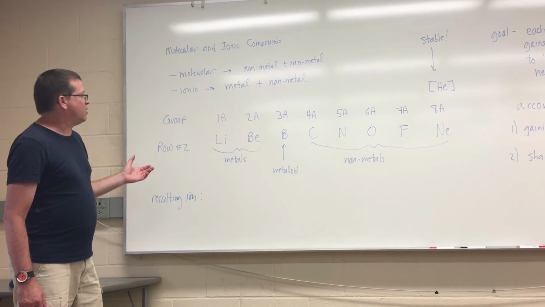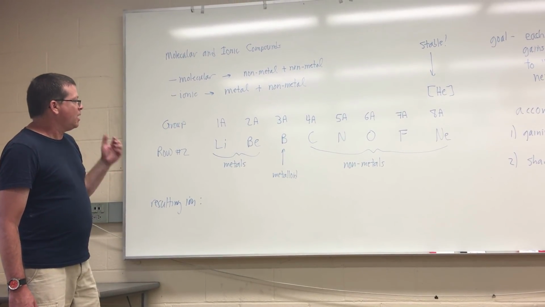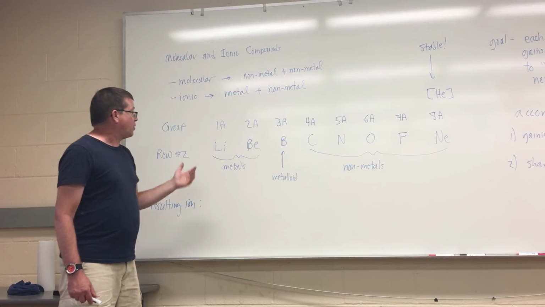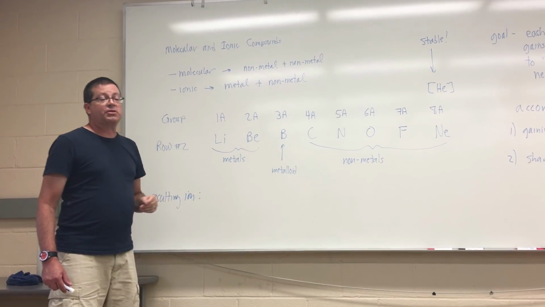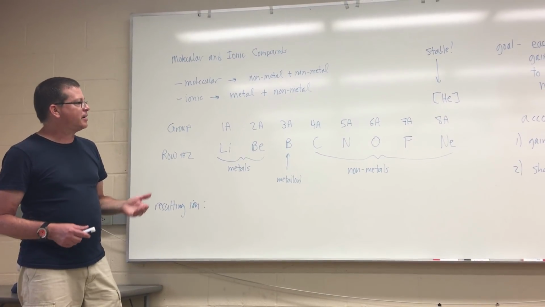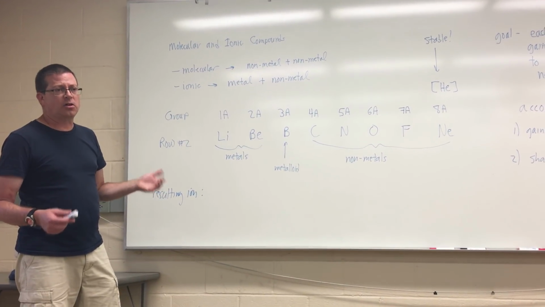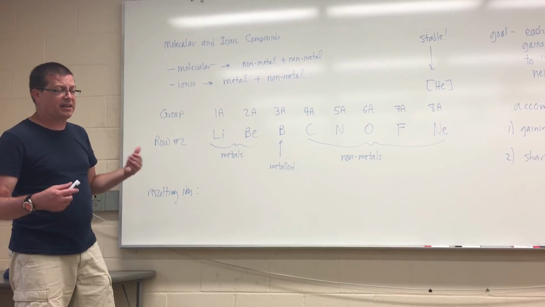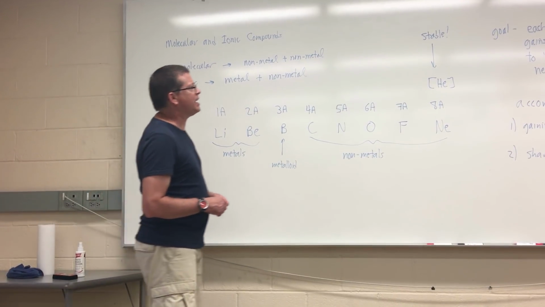All right, so here's the situation. What I would like is for each one of these things, in terms of the number of electrons that it has, to look like a noble gas. It can look like its next nearest noble gas. That's the goal. So how are we going to get there?